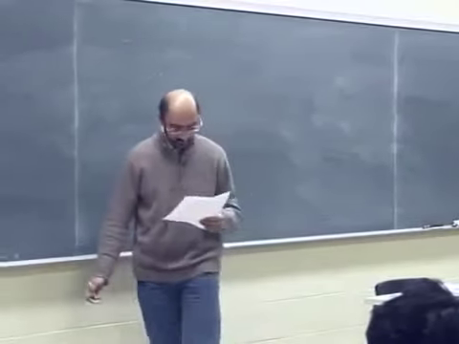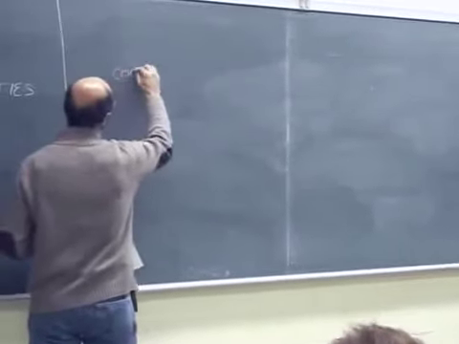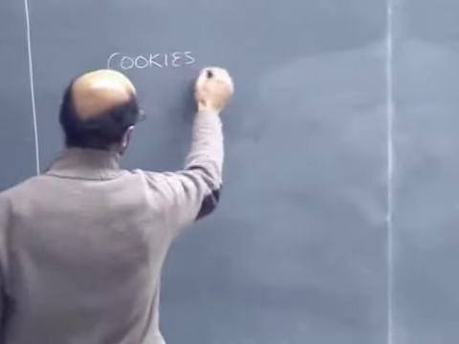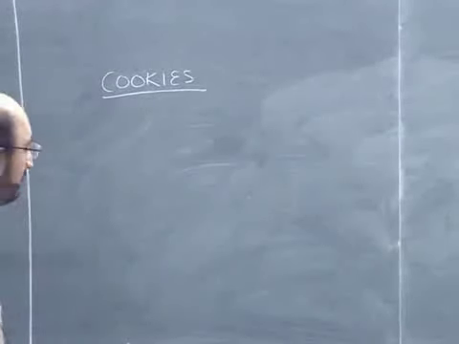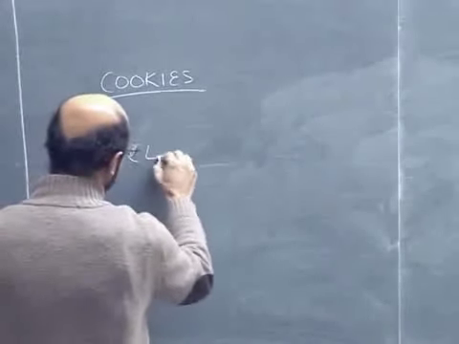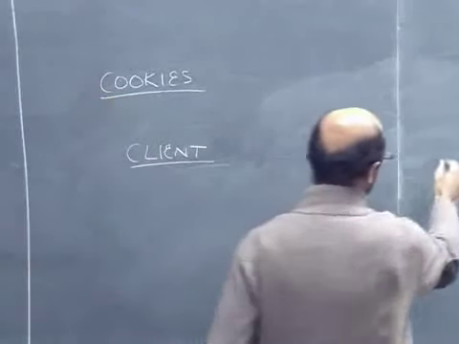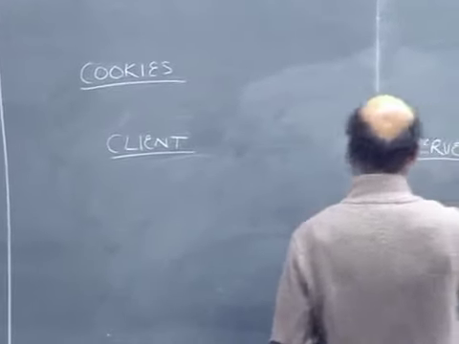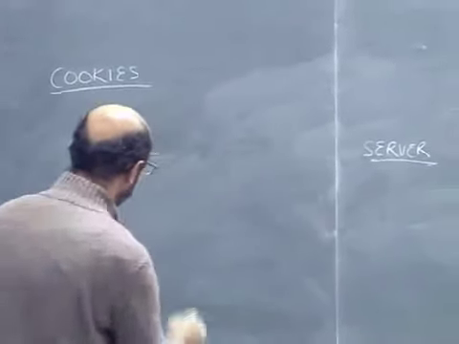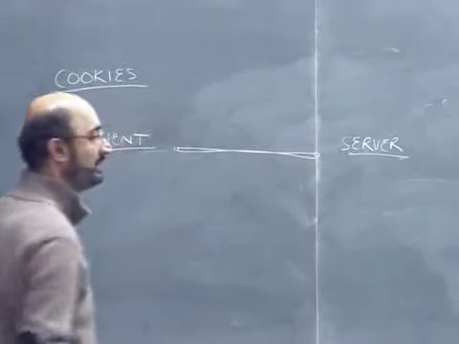So let me start with the review of cookies again. What are cookies? The way that the HTTP protocol is structured is that you have a client, which is your browser, and a server, which is your web server. The client and the server are connected by some communication pipe, which is a TCP connection.